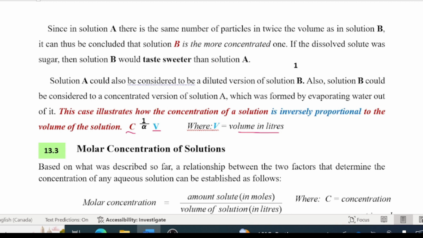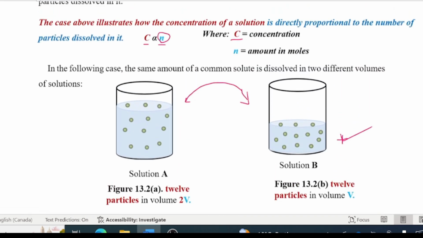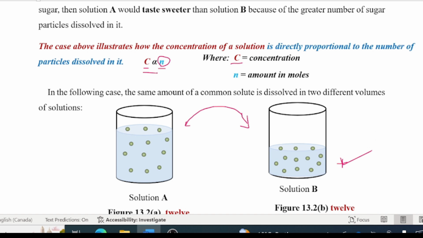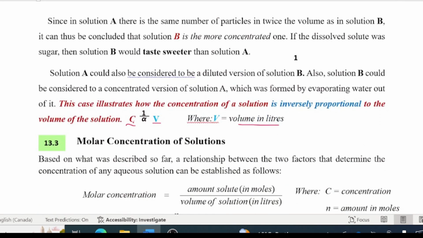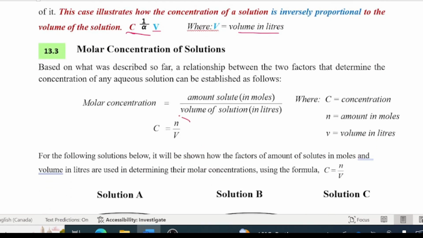So based on those two equations here, where we say concentration is directly proportional to the number of moles of particles, this equation here and the other equation here, we can combine these two equations and we get this one here. It says that concentration is equal to the number of moles of particles divided by the volume they occupy.